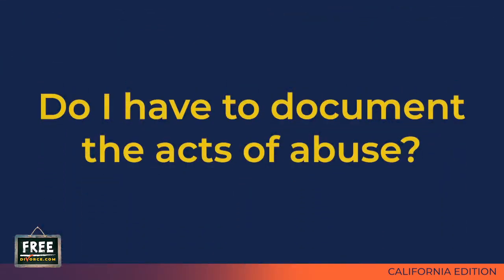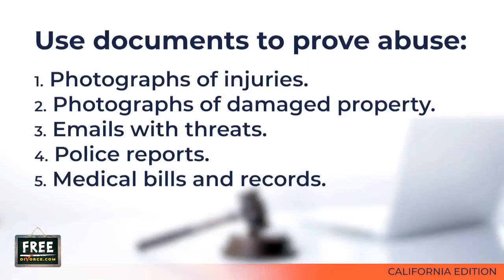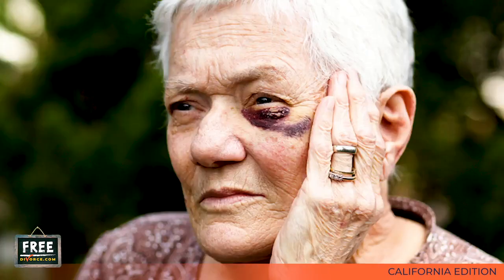Do I have to document the acts of abuse? Your statement and testimony, if believed by the court, can be sufficient evidence to get the court to issue restraining orders. However, if you have documents that are evidence of the abuse, attach those documents as exhibits to your DV-100. For example, if the other person hit you and you have a photograph of a black eye or a bruise, attach that photograph.